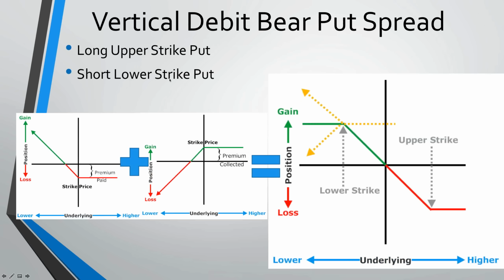Let's now look at a vertical debit bear put spread. Same concept. In this instance, you're going long one put and short another put. And I'll go through this a little faster. Again, the two 45-degree angles cancel out up here, but now you're building a short position where you're going to profit if the underlying goes down.